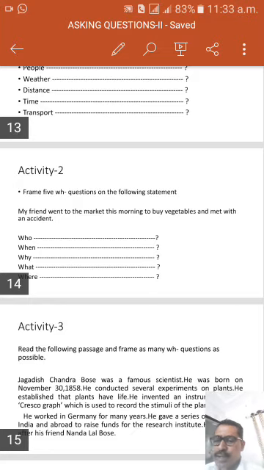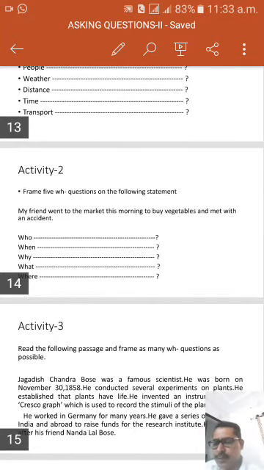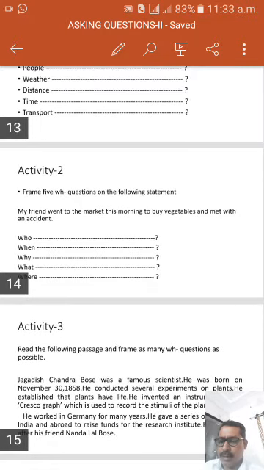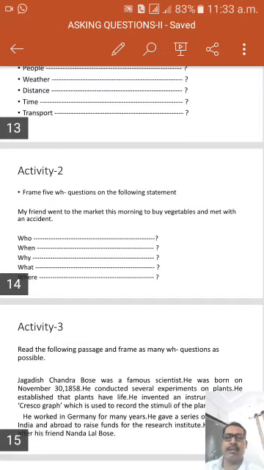Who went to the market? The answer is my friend went to the market. When did he go to the market? He went this morning. Why did he go to the market? He went to buy vegetables.